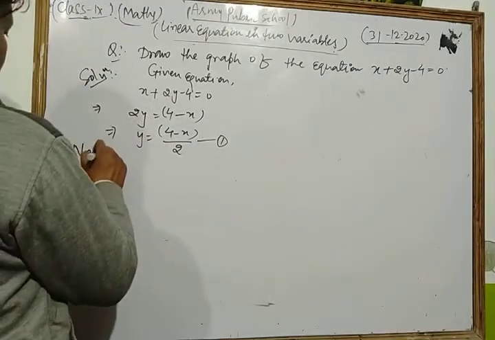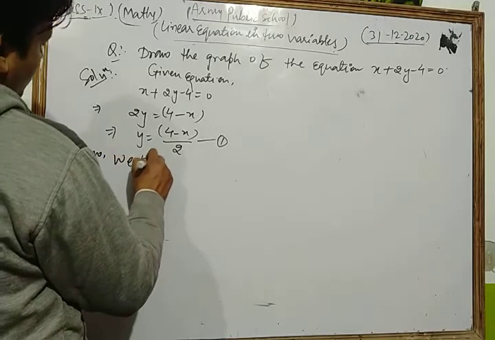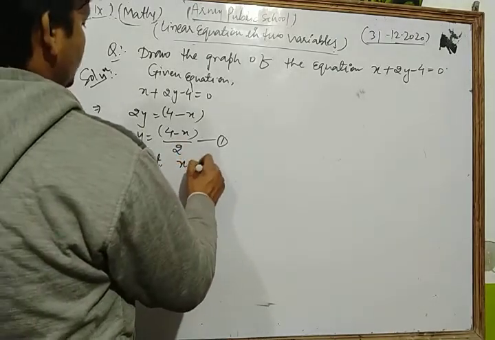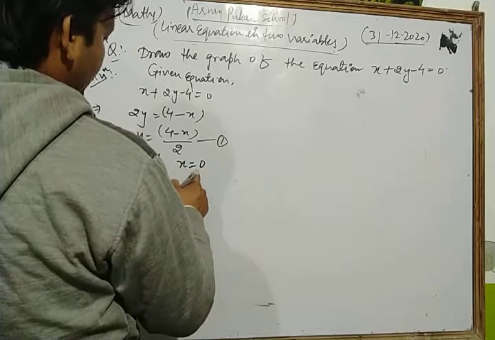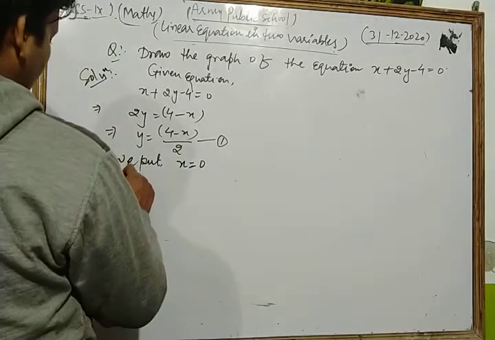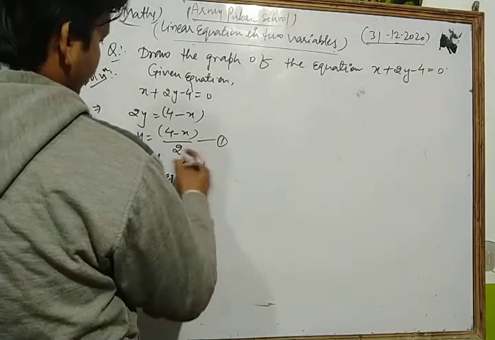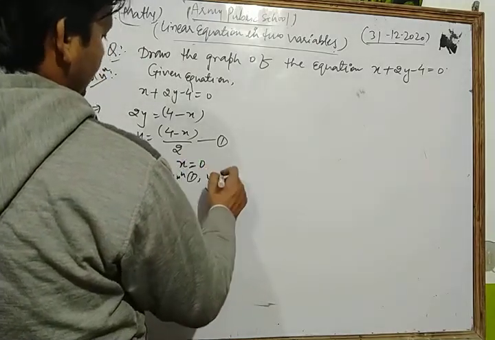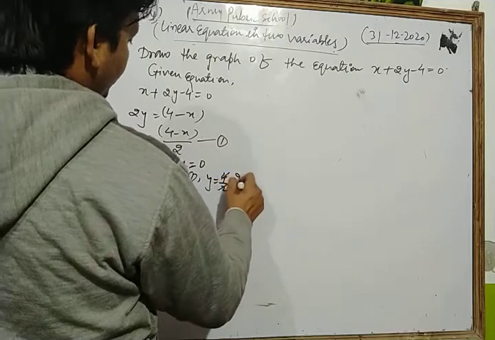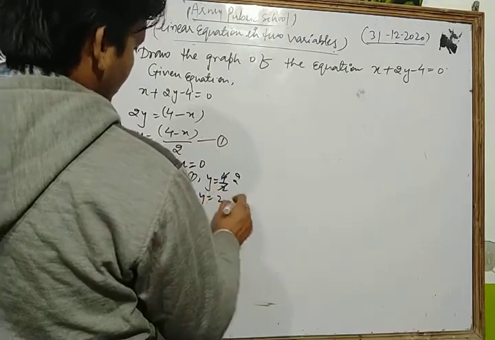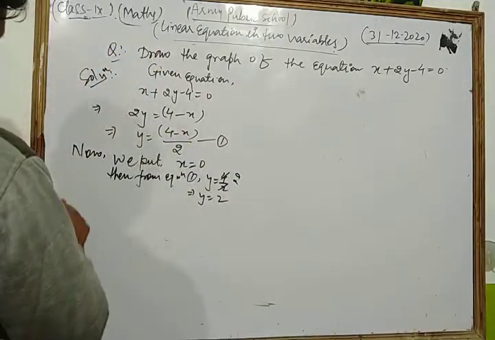First we put x is equal to 0. Then from equation 1, y is equal to 4 upon 2, that is, 2 twos are 4. So y is equal to 2.